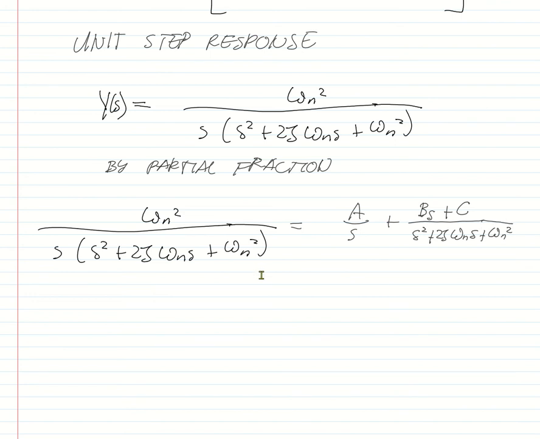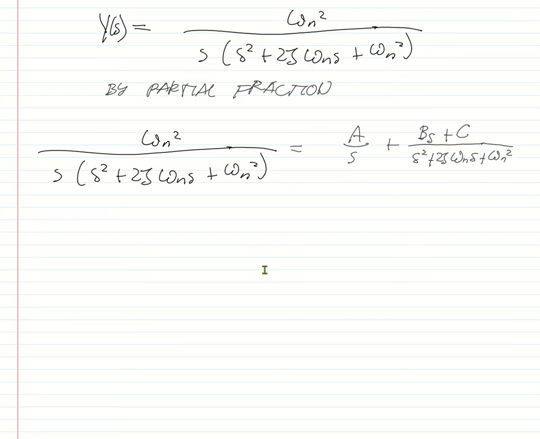So this is the partial fraction, and we need to solve for A, B, and C, the constants here. There are two ways to solve that. You can substitute the value for s, making the other constants 0, or the other one is by equating the coefficients of the right side and the left side of the equation.